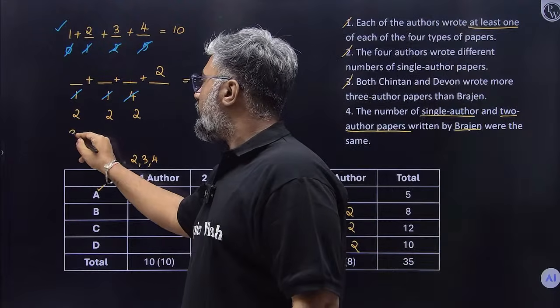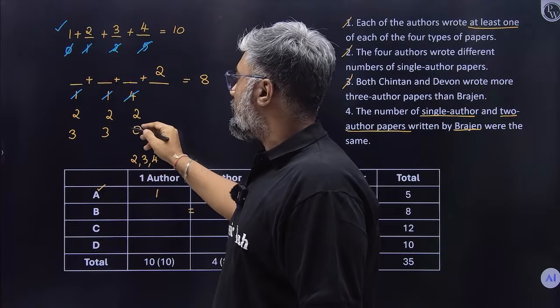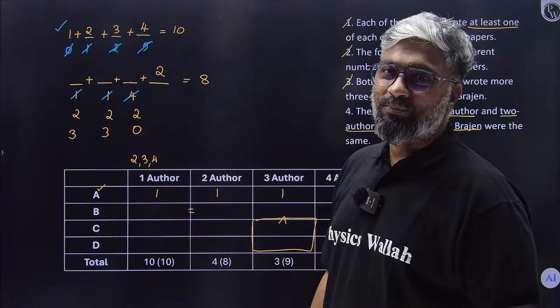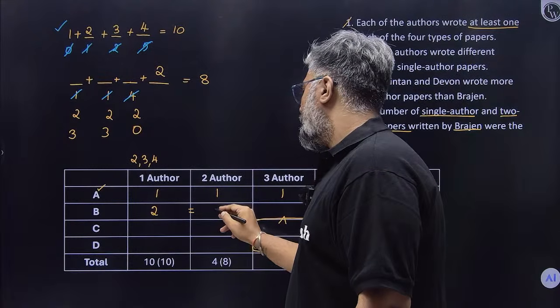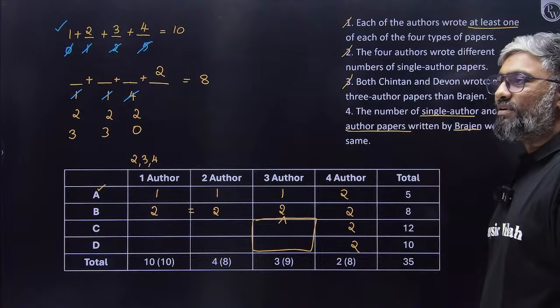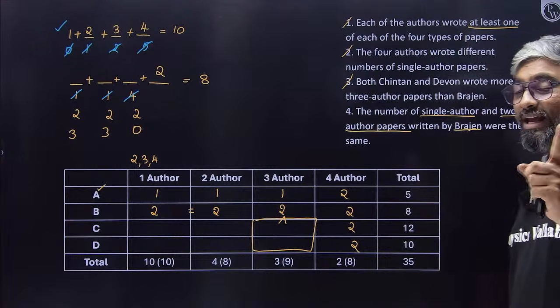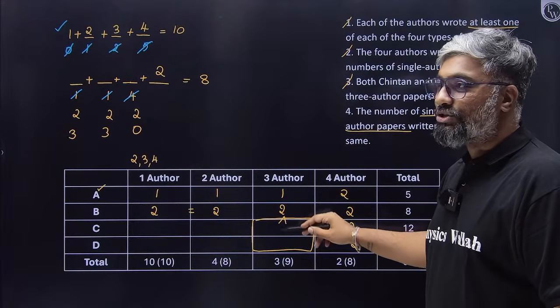I can do 3 and 3. So 3, 6, 8, this will be 0. Can this be 0? No. So then the only possibility is what? This is 2, this is also 2, and this is also 2. Perfect? From here, again, what else do I know? These two values should be greater than 2, correct?